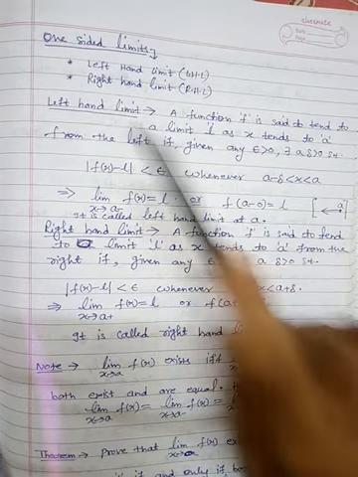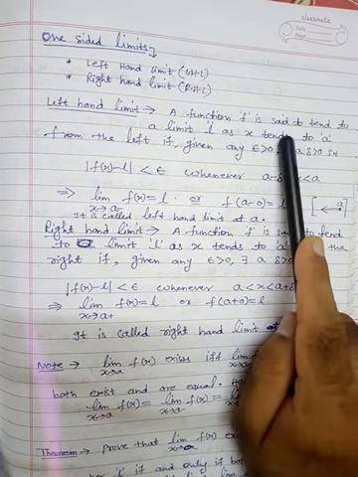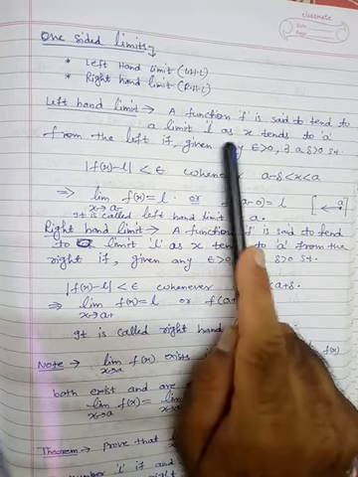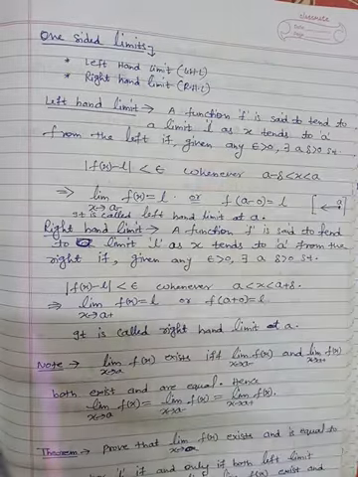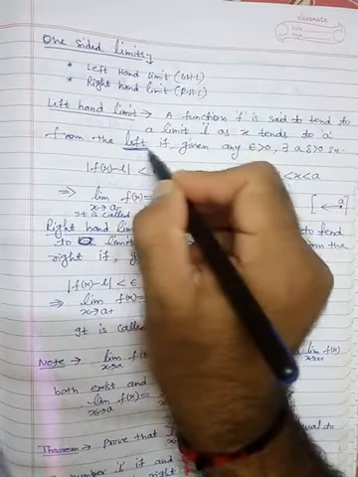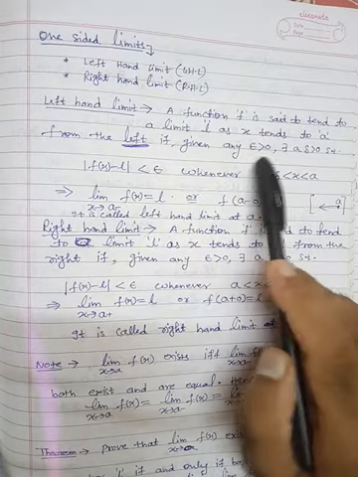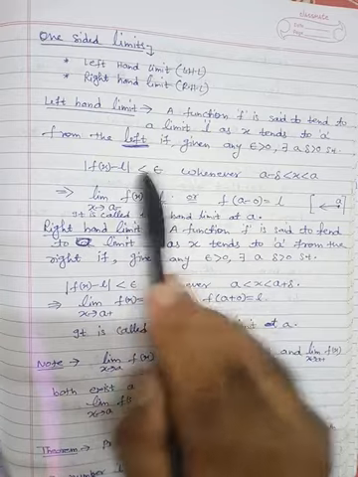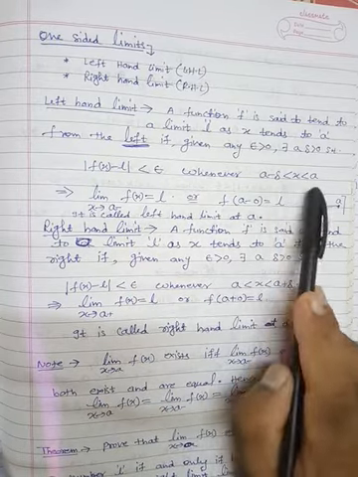A function f is said to tend to a limit L as x tends to a from the left. Here it is from the left. If for any given epsilon greater than 0 there exists a delta such that |f(x) minus L| is less than epsilon whenever x is lying in between a minus delta and a.